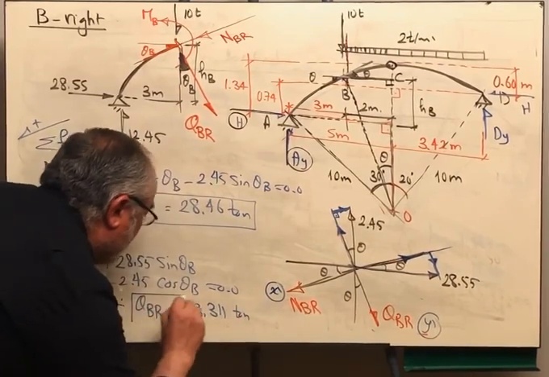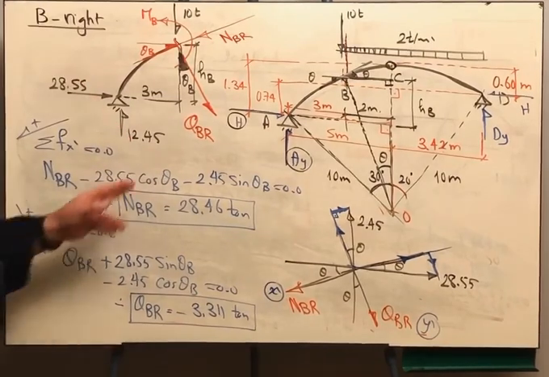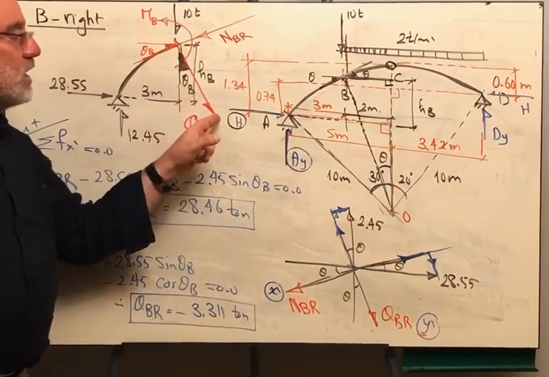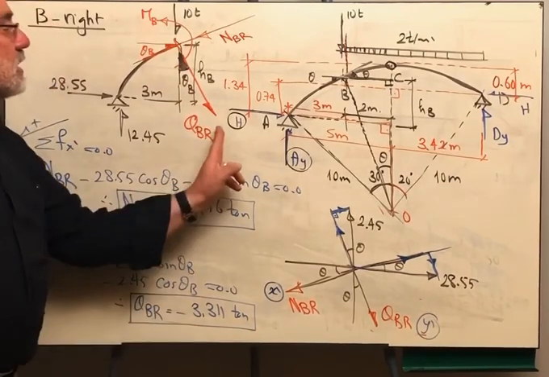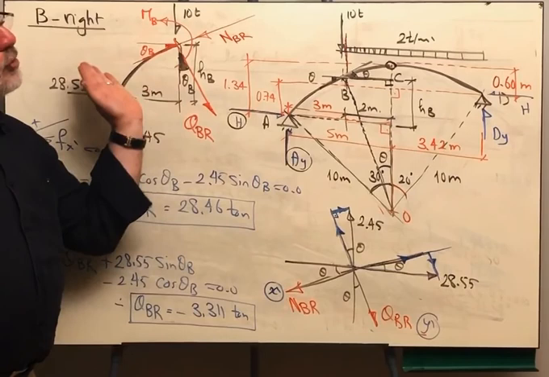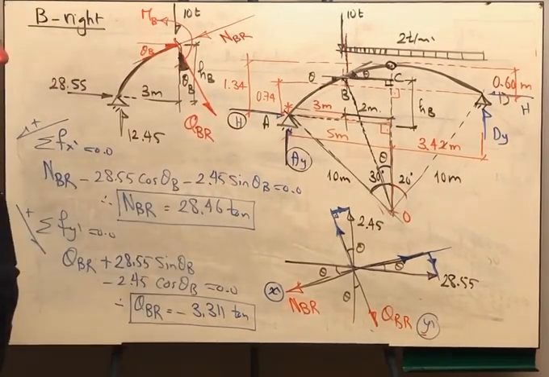What is the meaning of the negative sign? It means that it is not a positive shear, because we assumed the shear to be in the positive sense. Once I got the answer negative, it means that it is upward, so it is on my right hand side and upward, therefore this is a negative shear.